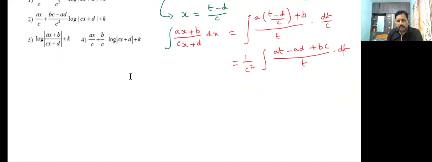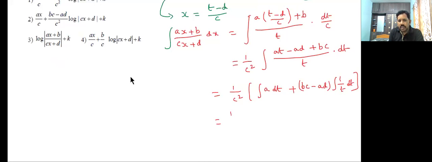Now split it. What happened? 1 by c square into integration a dt plus, we can write, bc minus ad into integration 1 by t dt.